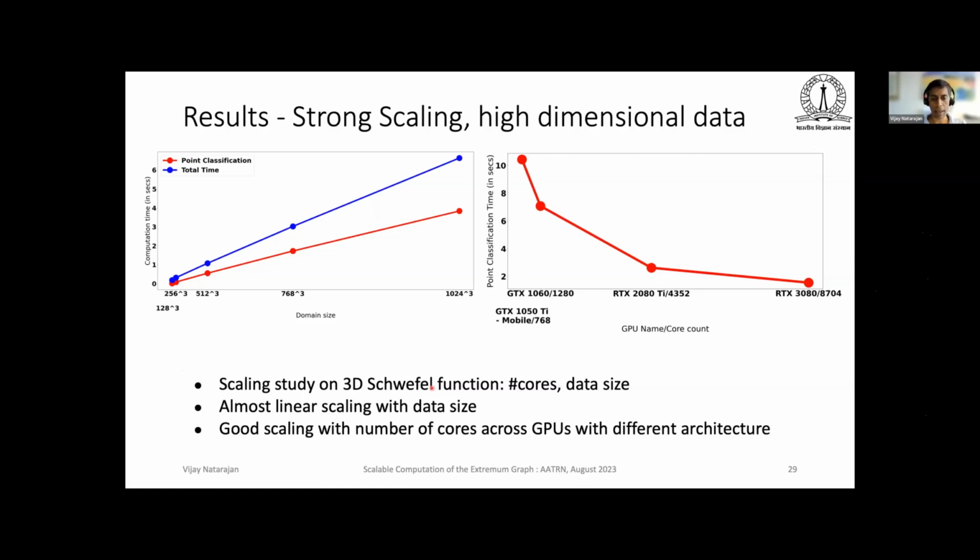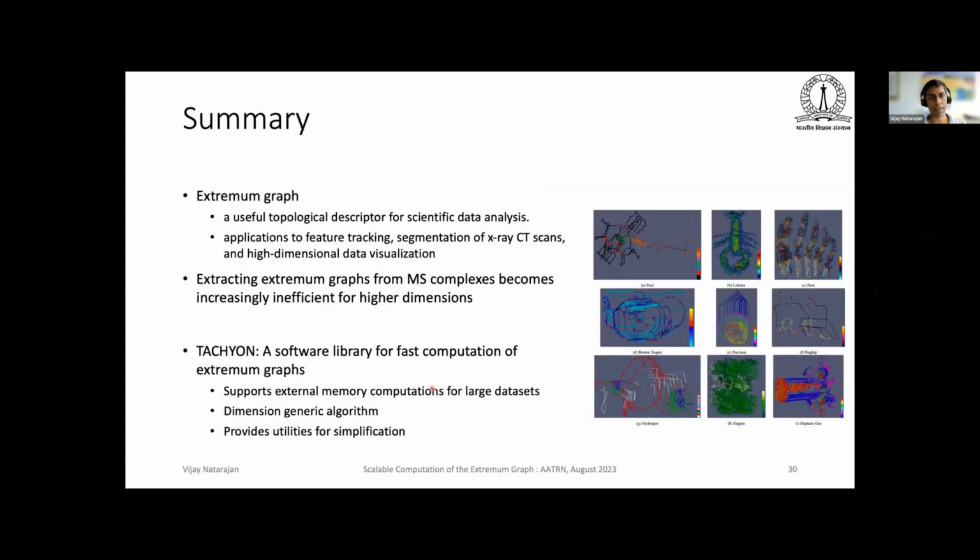So in summary, what I would like to say is that the extremum graph is a useful topological descriptor. I tried to motivate that via an application to the study of granular materials, particularly to segmentation of X-ray CT scans. There are several other applications of the extremum graph to feature tracking and to high dimensional data visualization.